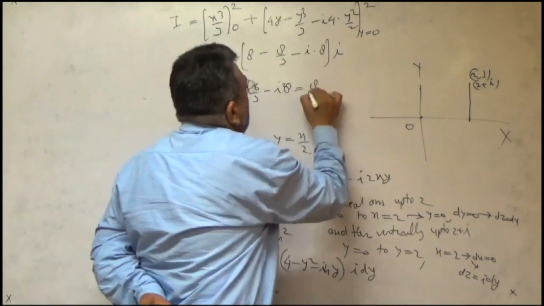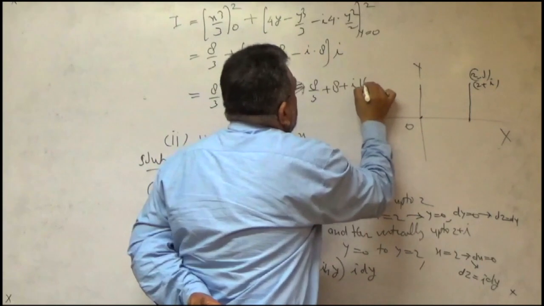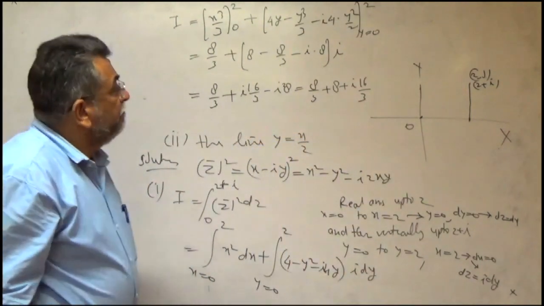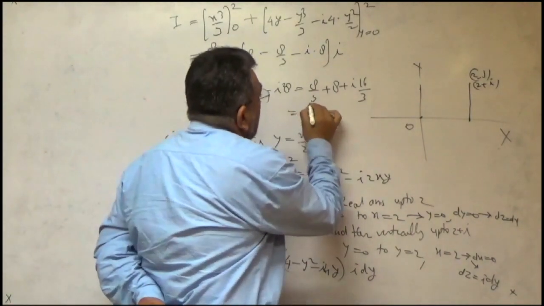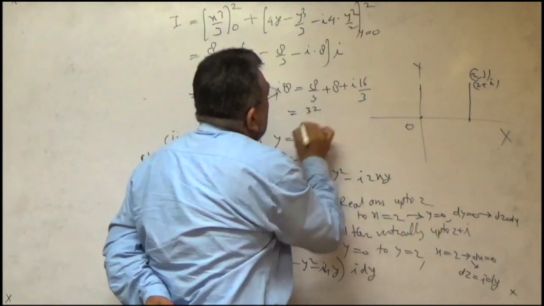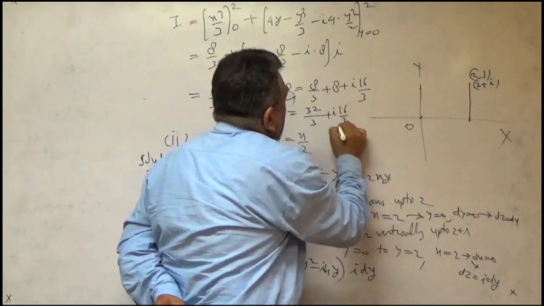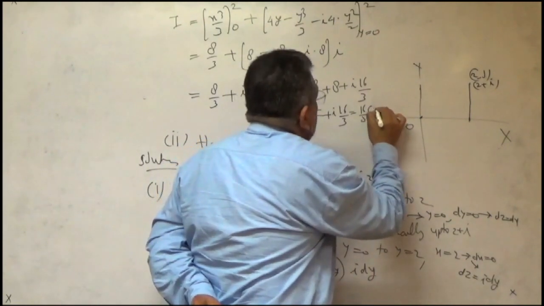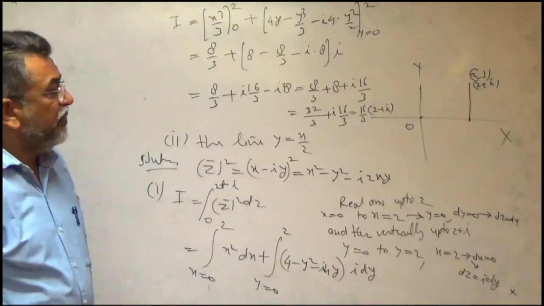That is 8 by 3 plus 8 plus i 16 by 3. This is 32 by 3 plus i times 16 by 3. That is 16 by 3, that is 2 plus i.